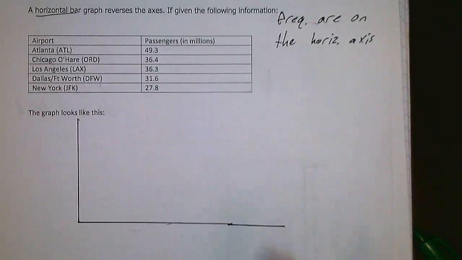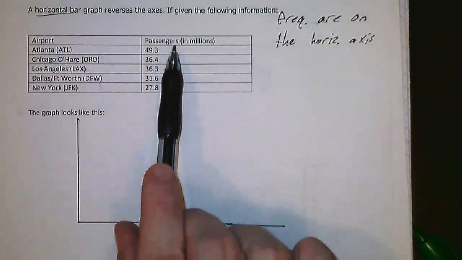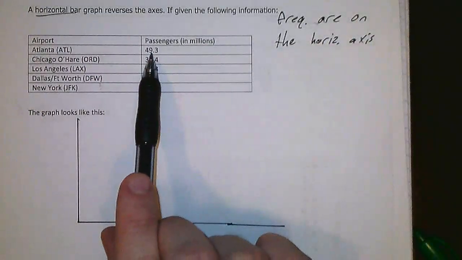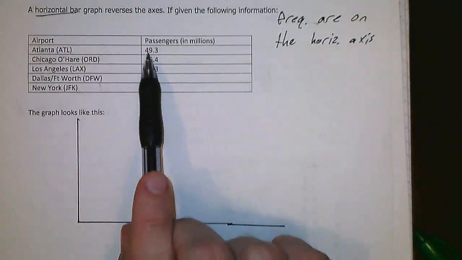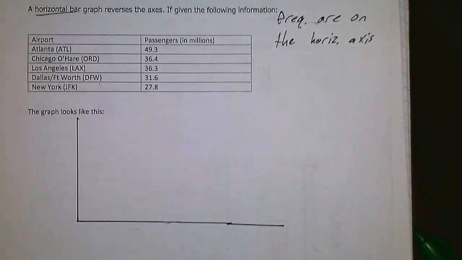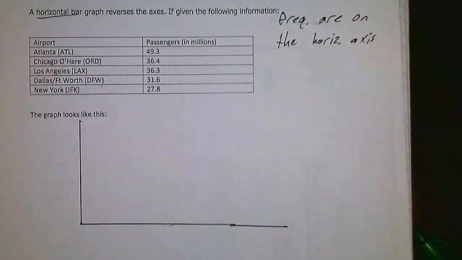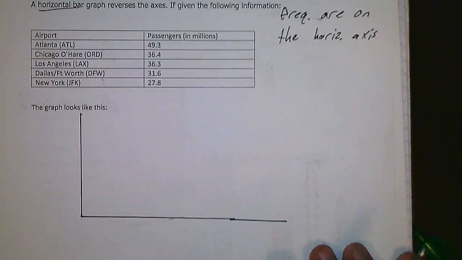This information is about airports and how many passengers travel through there. And the number we are given is in millions. So this is not just 49.3, that's 49,300,000. So the frequencies go on the bottom axis.